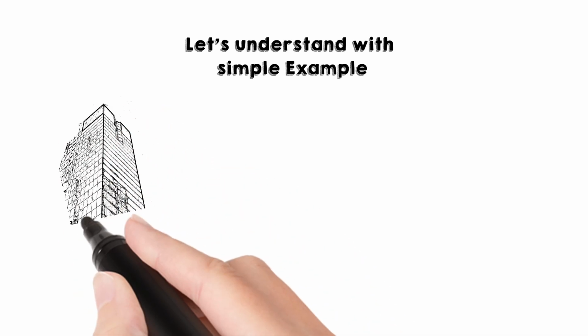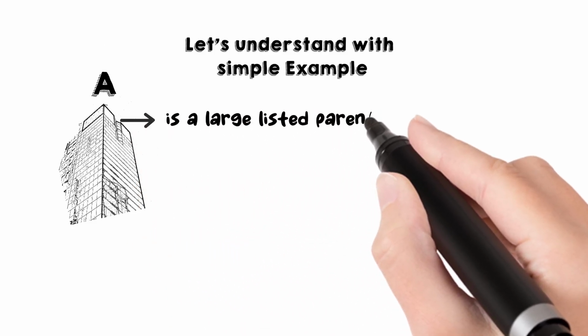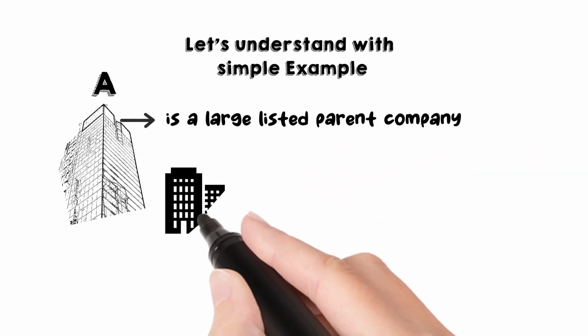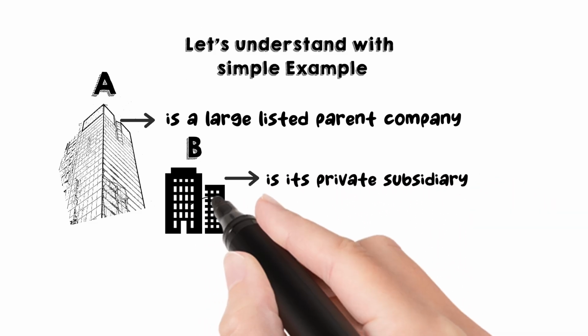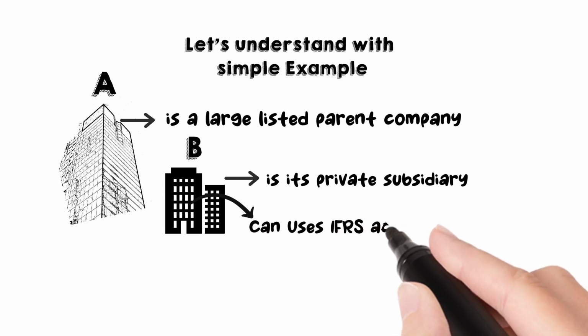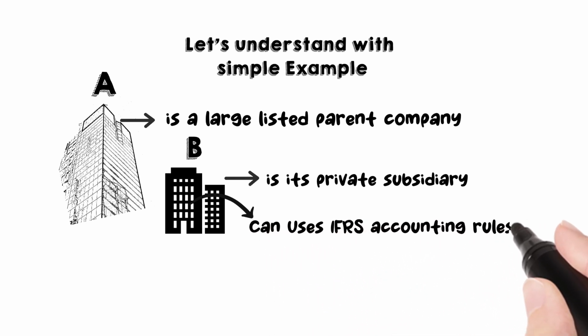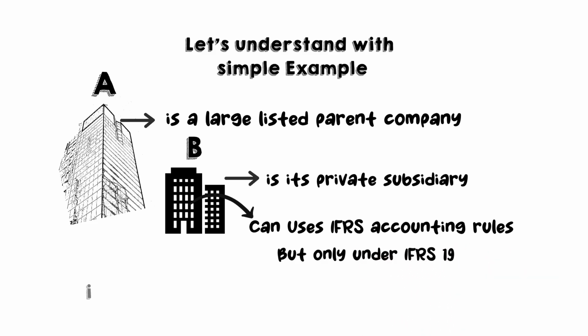Let's understand with a simple example. Suppose Company A is a large listed parent company. Company B is its private subsidiary. Company B uses IFRS accounting rules, but only under IFRS 19 can it avoid some detailed disclosures.